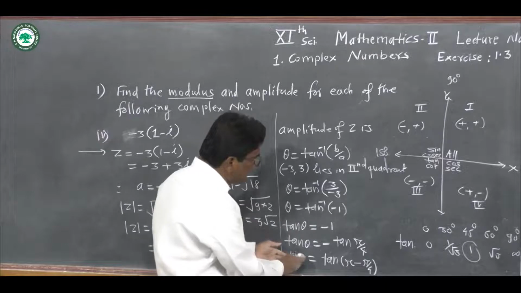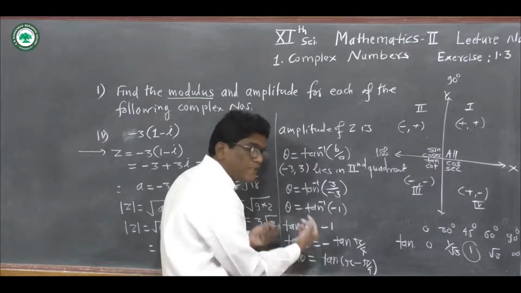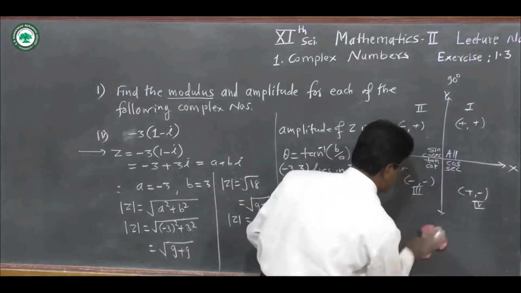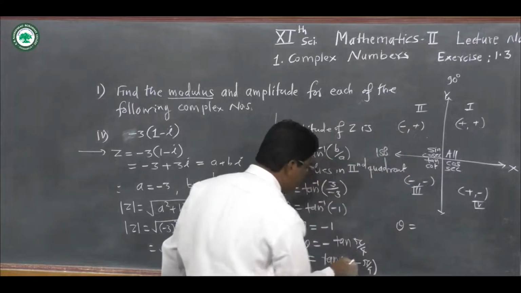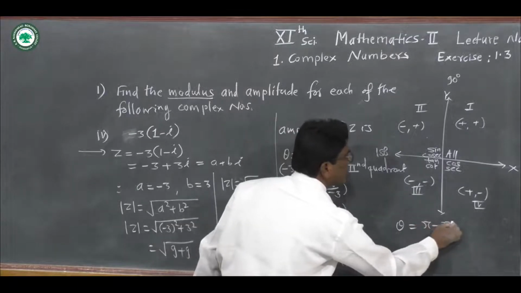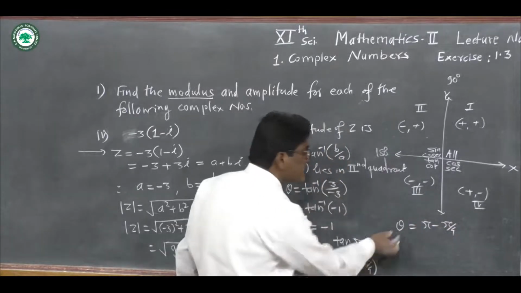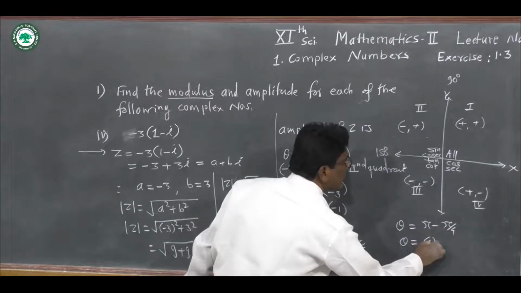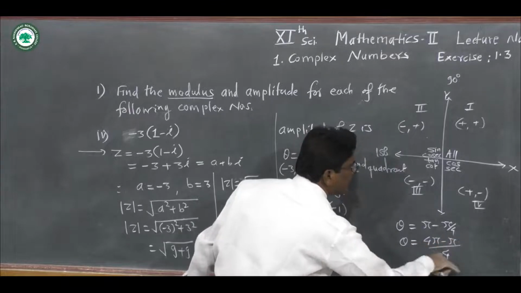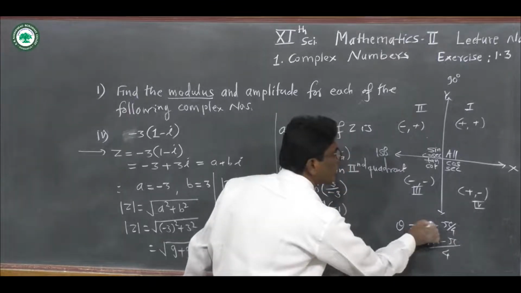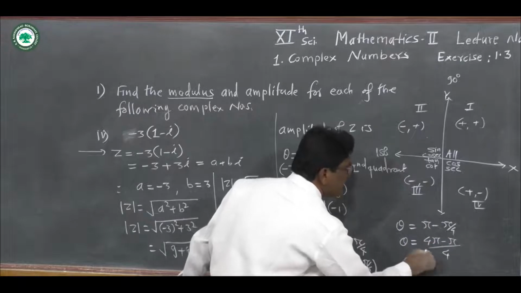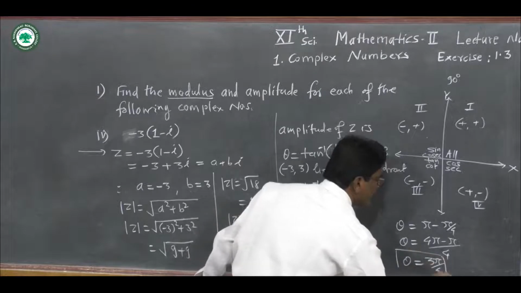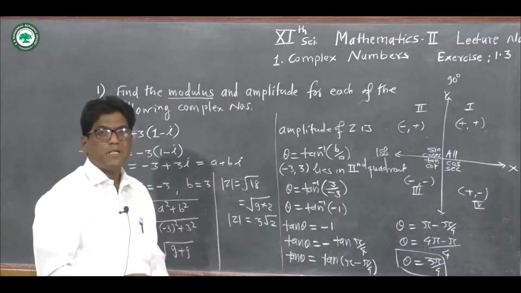Now we cancel tan on both sides, and therefore theta is equal to pi minus pi by 4. Taking the subtraction, theta is equal to 4 pi minus pi divided by 4, that is 3 pi upon 4. We get theta as 3 pi by 4.